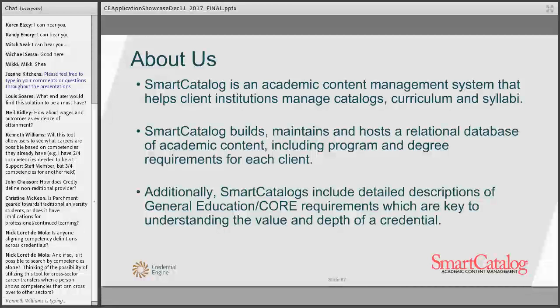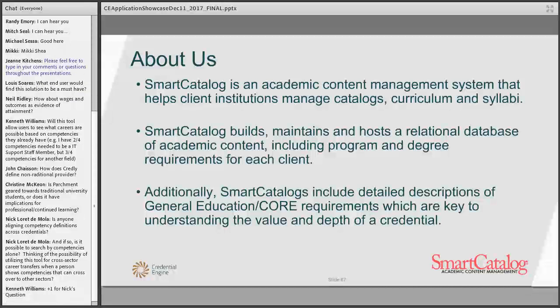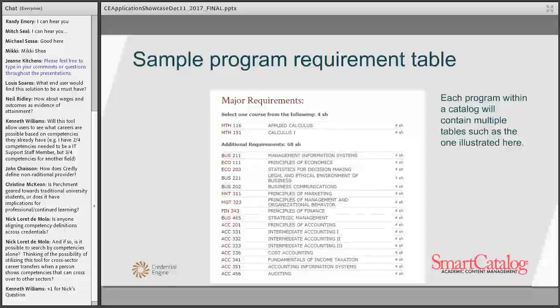Specifically for this discussion, those databases include the granular information about the required learning for each program or degree. Additionally, those databases can include key descriptions of general education and core requirements.